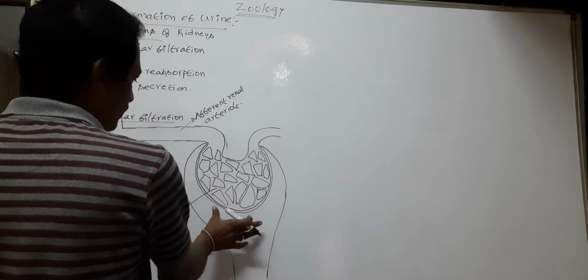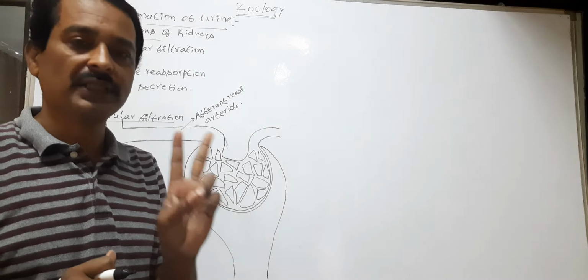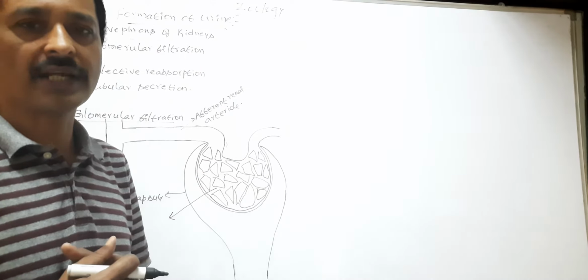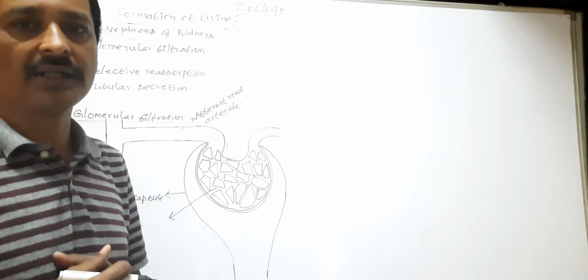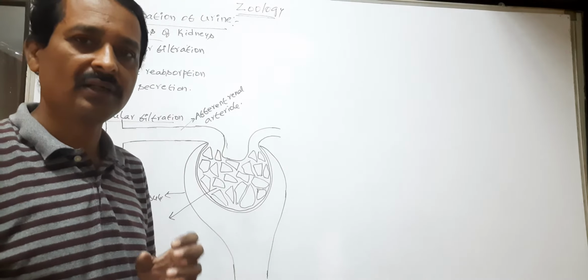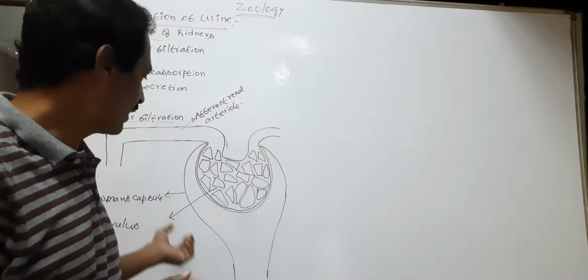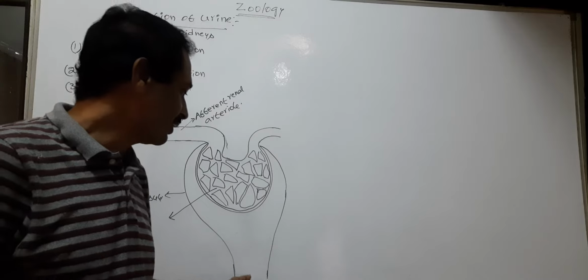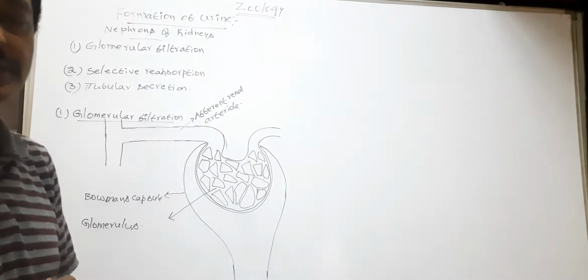Next, the nephron divides into two parts: the cup-like Bowman's capsule and the renal tubule. The cup-like structure is called Bowman's capsule. Behind the Bowman's capsule, a long tubule is present called the renal tubule.